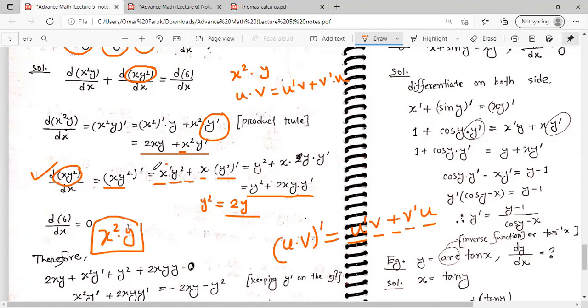So here derivative of x will be 1. So 1 into y square, that means y square. And derivative of y square. So here is the interesting part. This y square is calculated with respect to x, right? So we have two different variables here. So that means we have to use the chain rule.